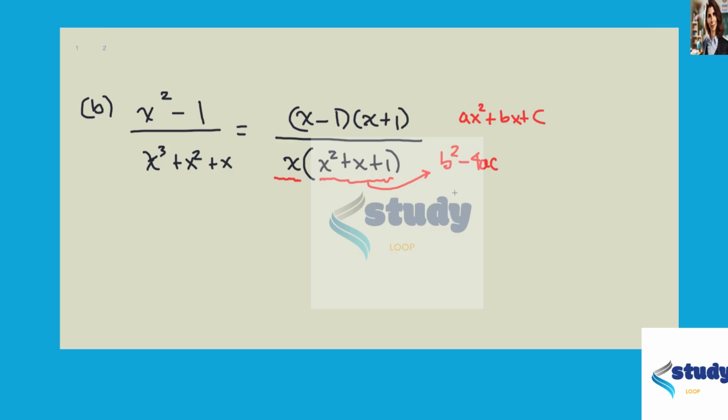In our problem, we see that a equals b equals c equals 1. So b squared minus 4ac is negative 3, which is less than 0. That tells us that this polynomial does not factor.